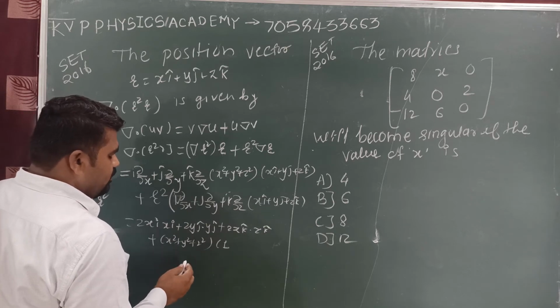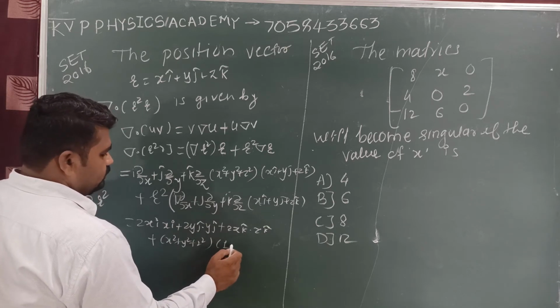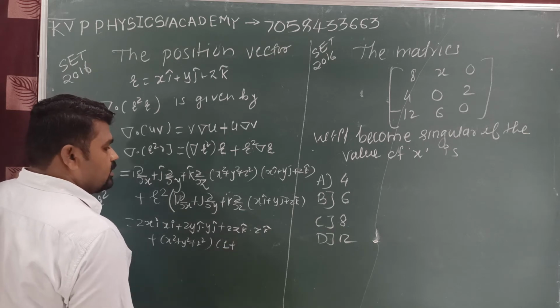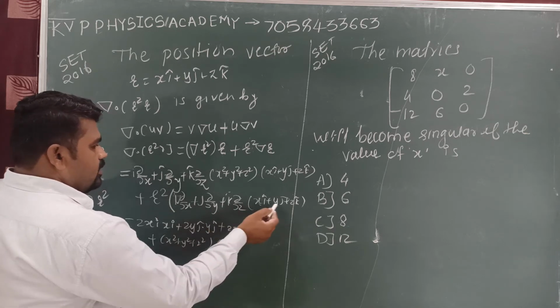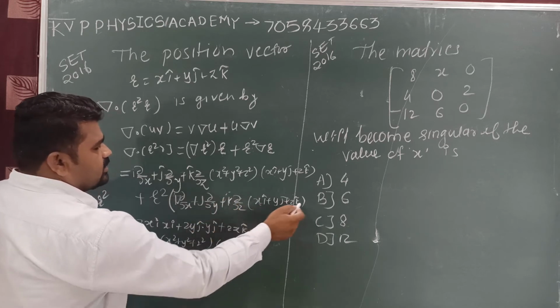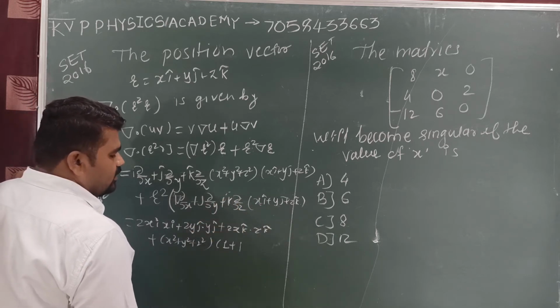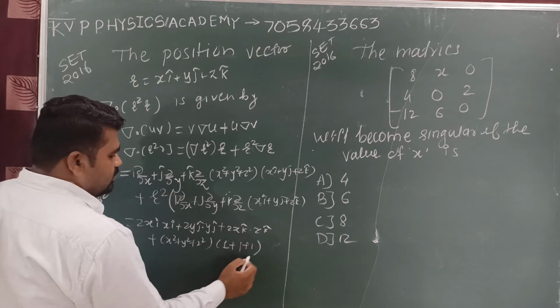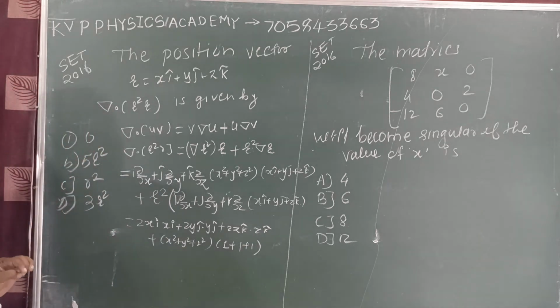I cap dot i cap, 1. Okay, 1 plus. Next, y derivative with respect to y, 1. J cap dot j cap, 1. Next, z derivative with respect to z, k cap dot k cap, 1. Okay, 1 plus 1 plus 1.